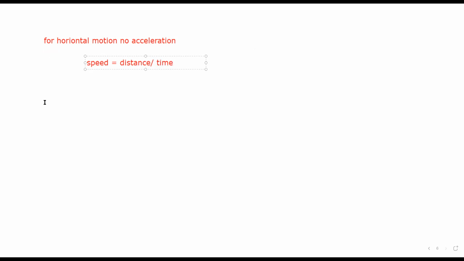But for vertical motion, because there is acceleration, which is constant due to gravity, acceleration or deceleration, we use the equations of motion.